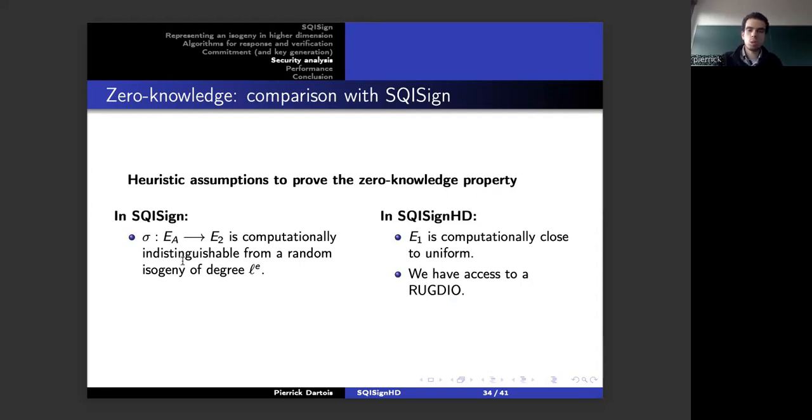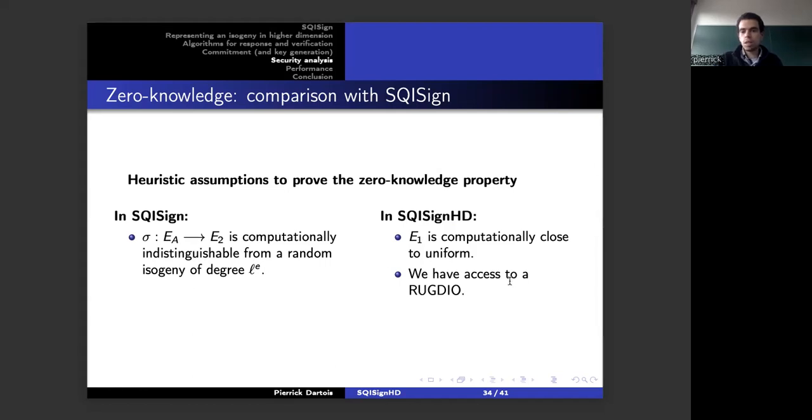We need the distribution of the whole signature to be computationally indistinguishable from a random isogeny of fixed degree L^e. So if we reveal a whole isogeny, instead of simply a j-invariant, it looks much easier to attack the zero knowledge property for SQISign, because this sigma gives much more information.